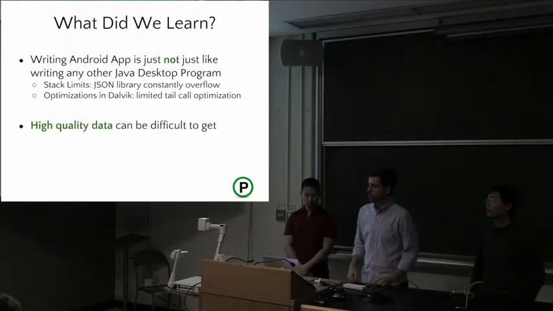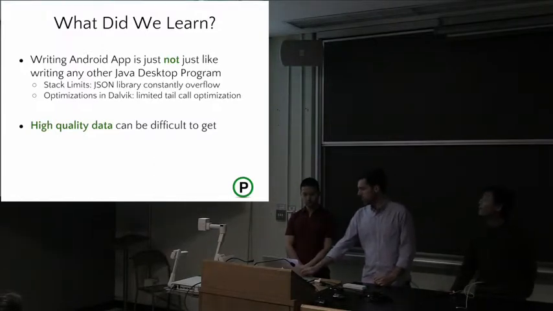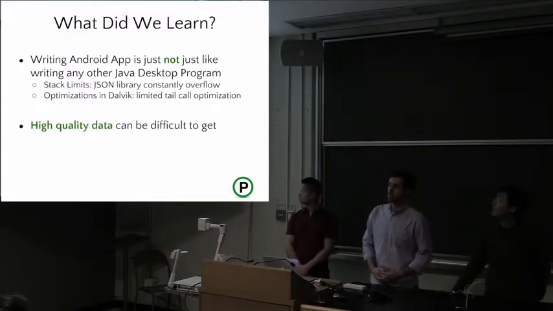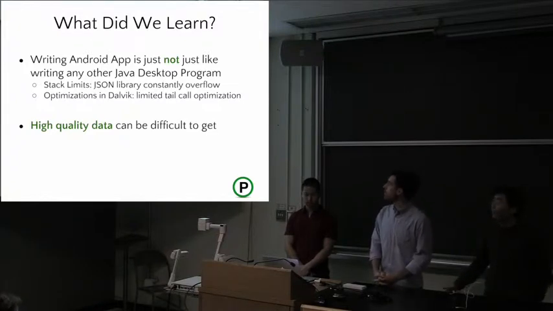All right, in terms of what we learned from building this app, I had some experience writing a Java desktop application before, and I was previously thinking that writing an Android app is pretty much like running a Java desktop app, but that's actually a myth, because we're running into stack limits. We were testing on this phone, and it works on this phone, but when we tested our app on other phones, we found out the stack limit for every phone is different, and our JSON library constantly overflowed the stack.